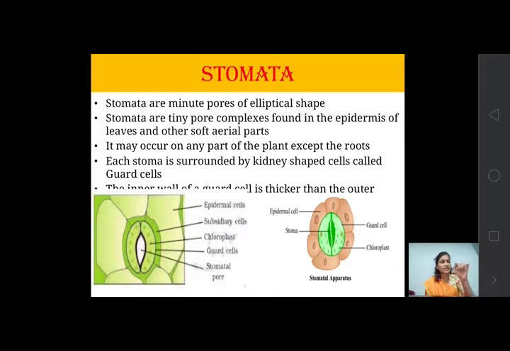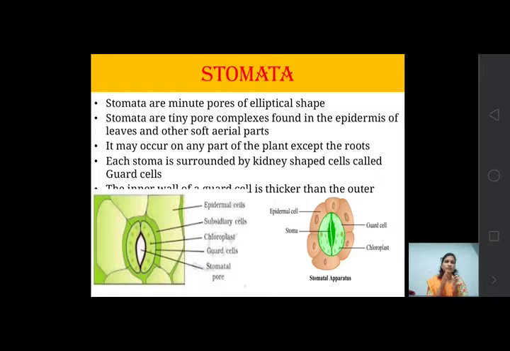There may be 1, 2, 3, 4 or a number of specialized epidermal cells surrounding the guard cells. These specialized epidermal cells surrounding the guard cells are known as subsidiary cells. They may be arranged in a specific manner or irregularly arranged.